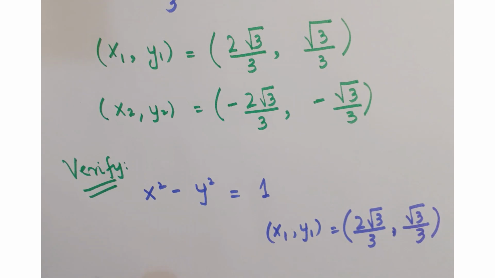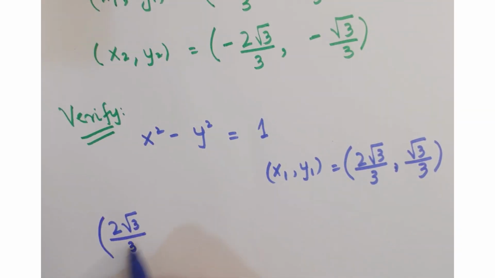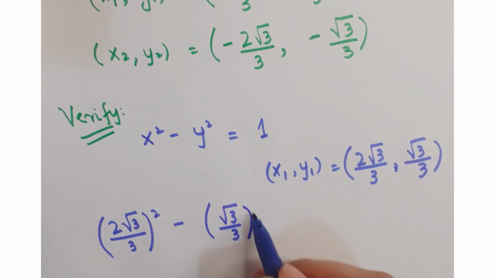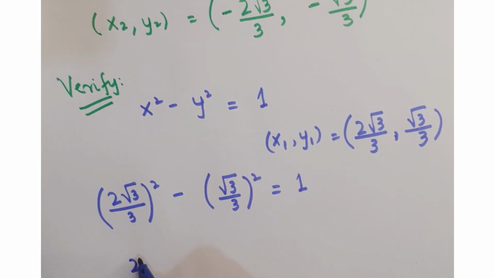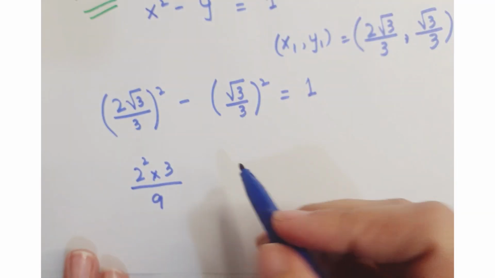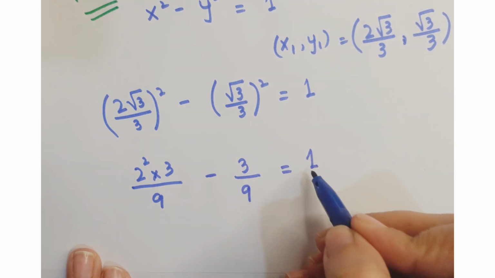Putting these values, 2 under root 3 upon 3 whole square minus under root 3 upon 3 whole square is equals to 1. Here you get 2 square into 3 upon 9 minus 3 upon 9 is equals to 1.